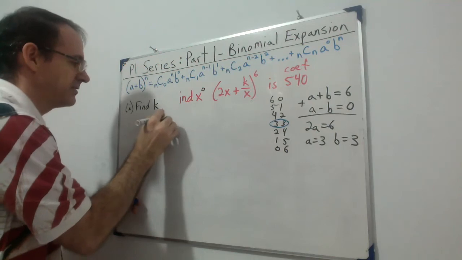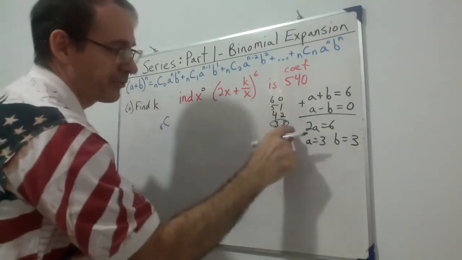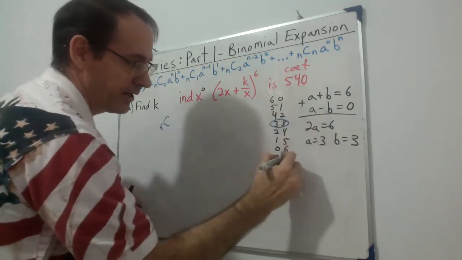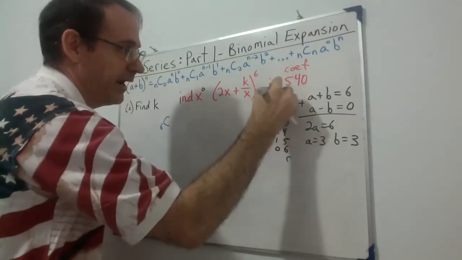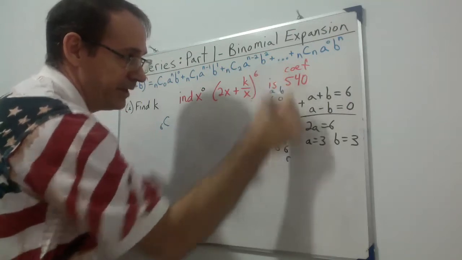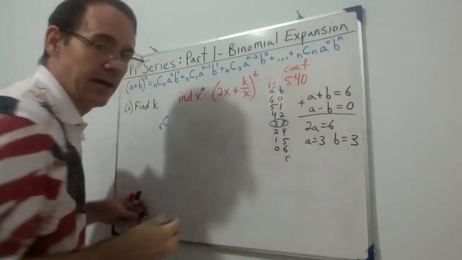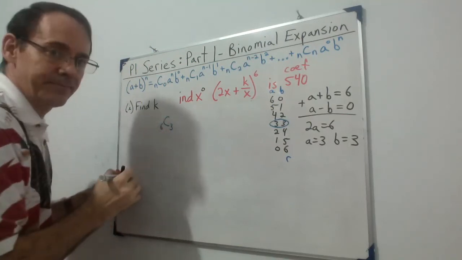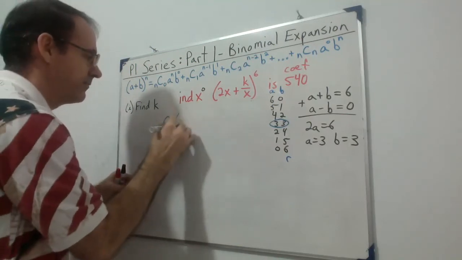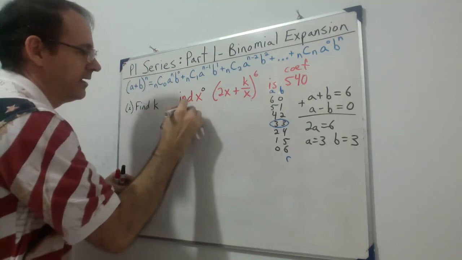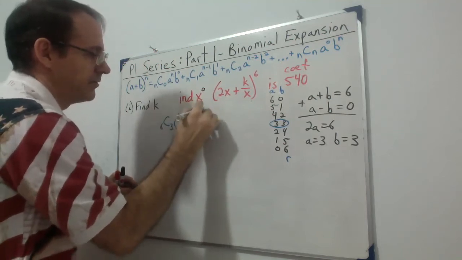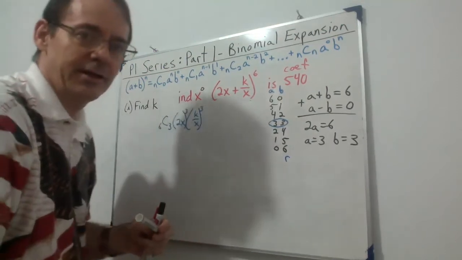So 6C3, so 6 is the n, this is the r over here in the B column. So our A column or B column, the B column is the r column here. So 6C3, and we have 2x to the third and k over x to the third power.